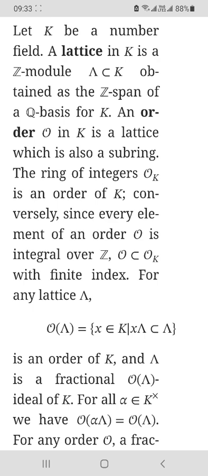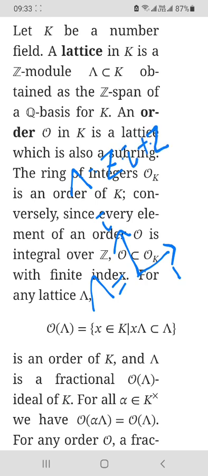For example, you can view lambda with basis 1 and I, as Z times 1 plus Z times I, where I is the square root of -1.